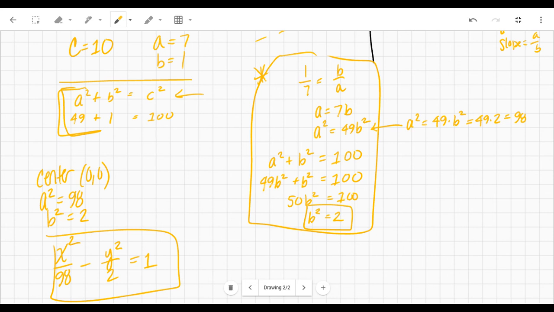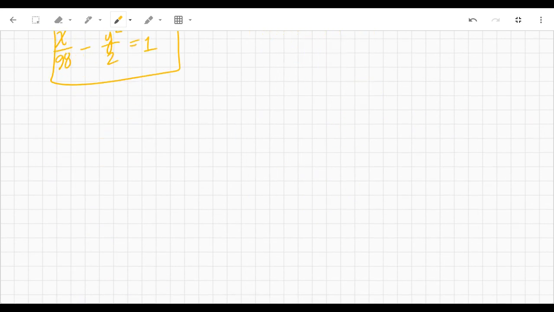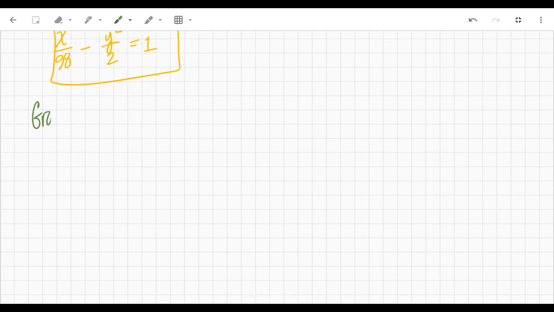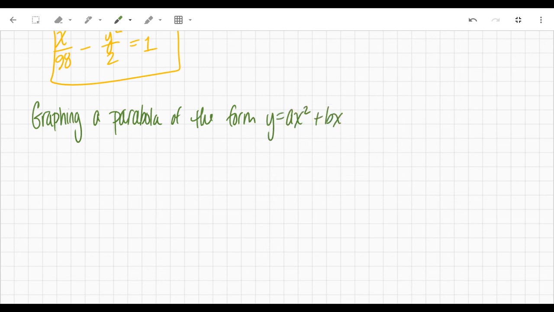We have a parabola one. So we've got graphing a parabola of the form y equals ax squared plus bx plus c with rational coefficients.